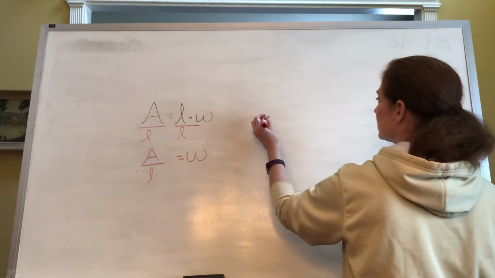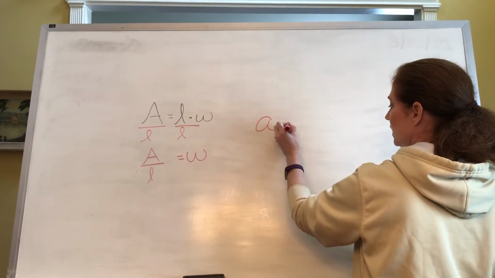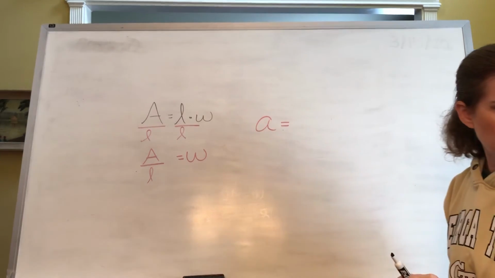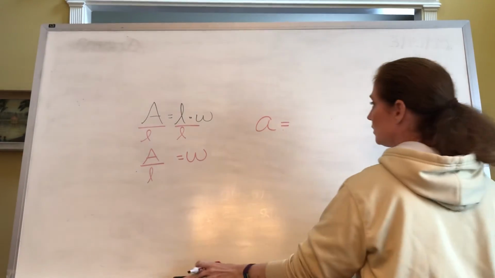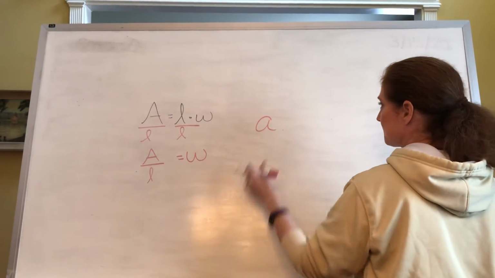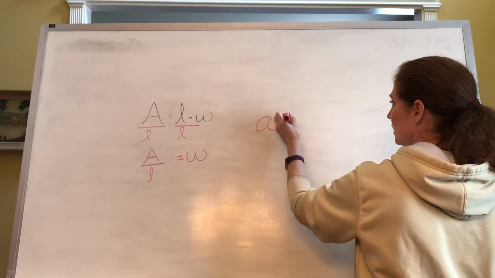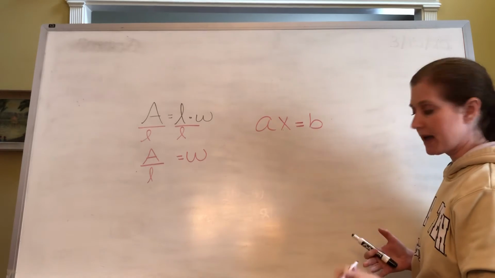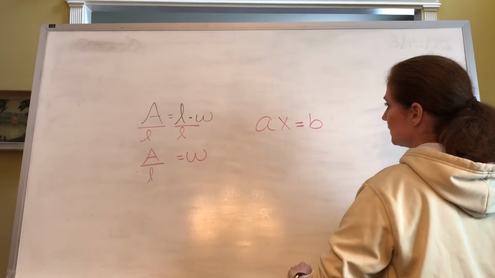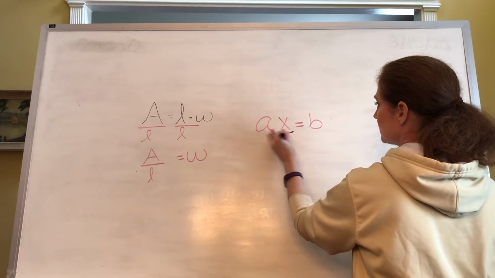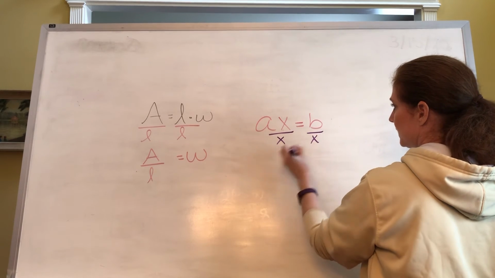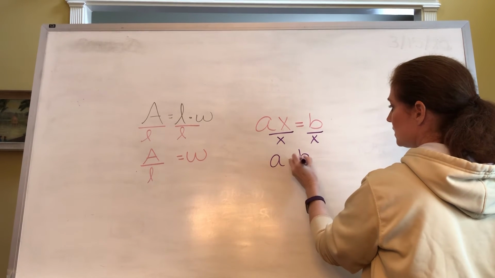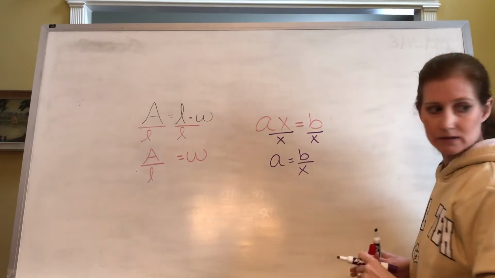Again, if I had AX equals B, and I wanted to solve for A, then we're going to divide both sides by X, and A equals B over X.